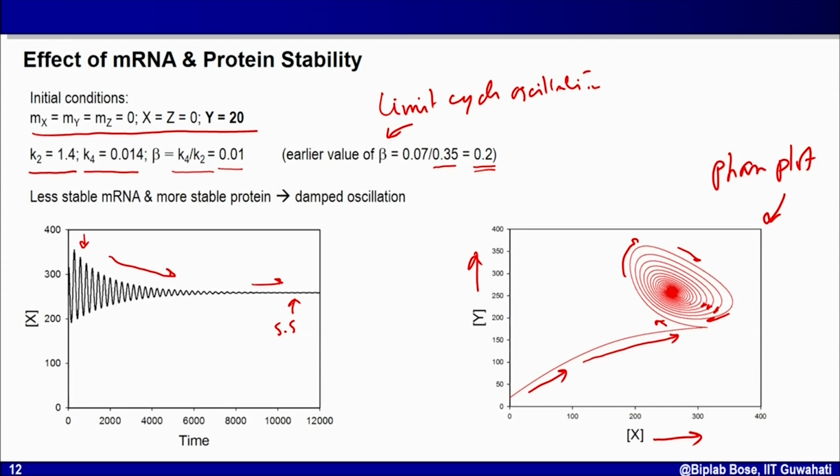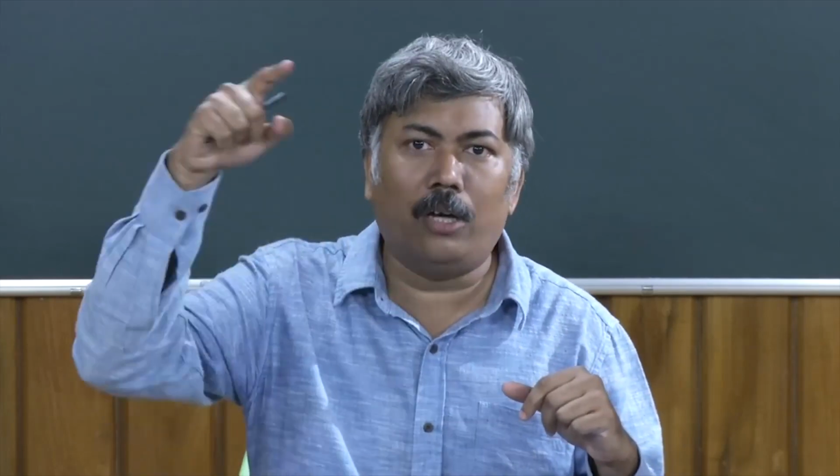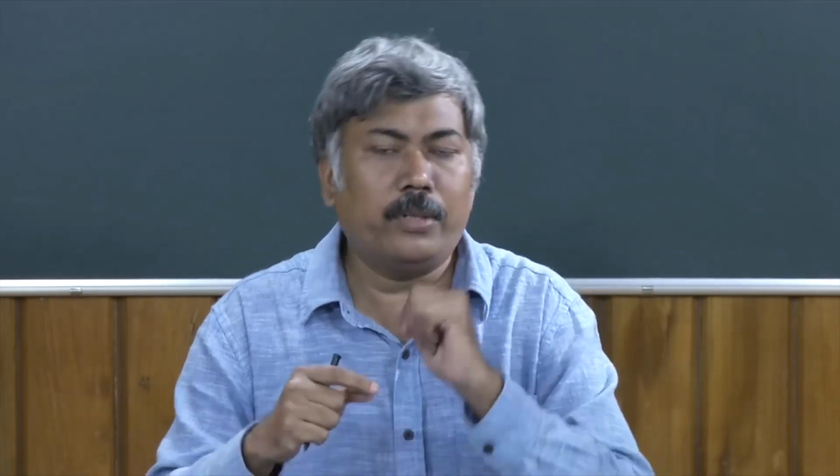They are slowly collapsing and they eventually collapse at the center of these trajectories, which is a stable steady state. So what I have learned from this particular simulation is that if I increase the stability of the protein, reduce the stability of mRNA, rather than get a limit cycle oscillation, I get a damped oscillation.